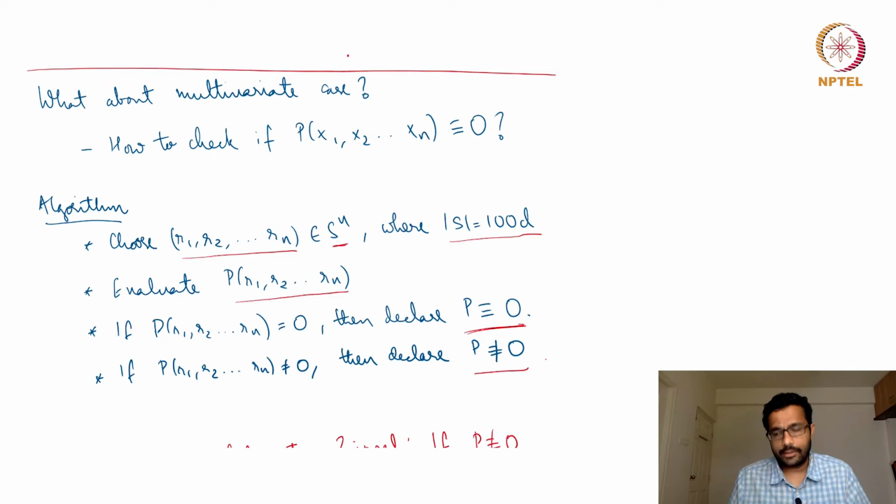The polynomial is 0. But even when the polynomial is not the 0 polynomial, there is a possibility of R1, R2, etc. being chosen in such a way that, again, the choices are all random, but you could happen to choose the R1, R2, etc. in such a way that the evaluation is equal to 0, right?